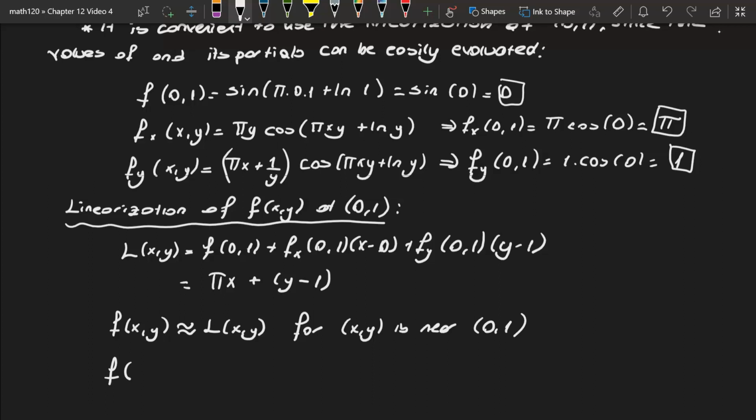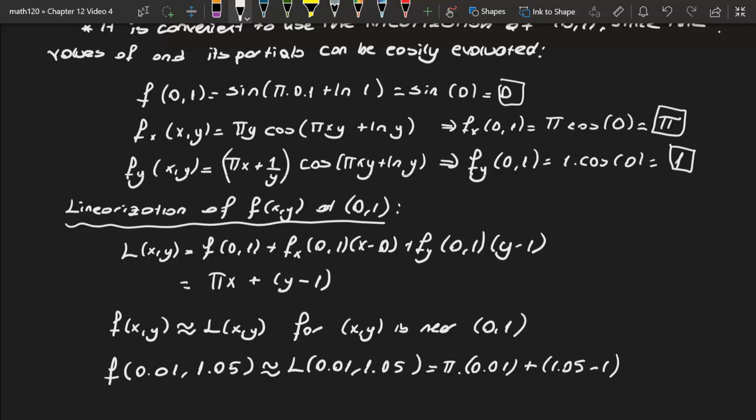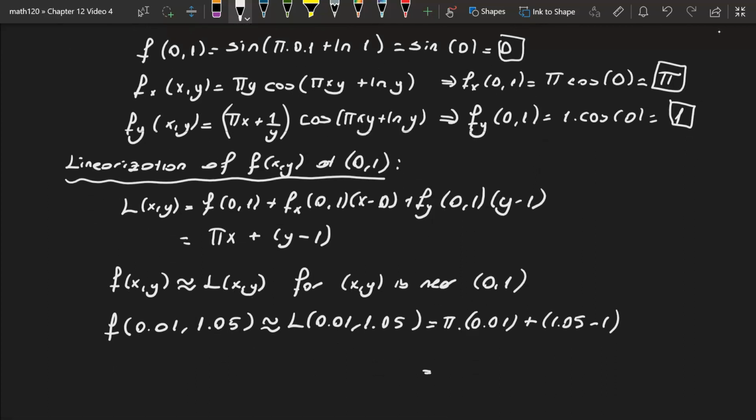So consider f of (0.01, 1.05), which is approximately L of (0.01, 1.05), and the function is pi times 0.01 plus 1.05 minus 1, so we get pi over 100 plus 5 over 100.